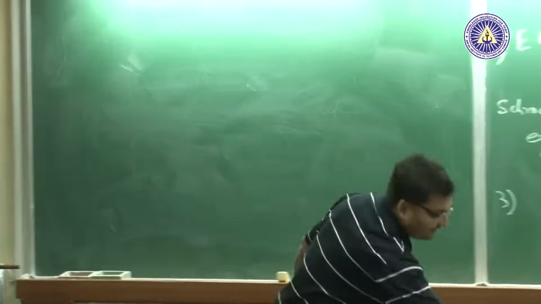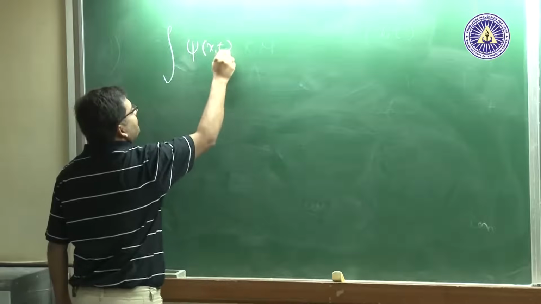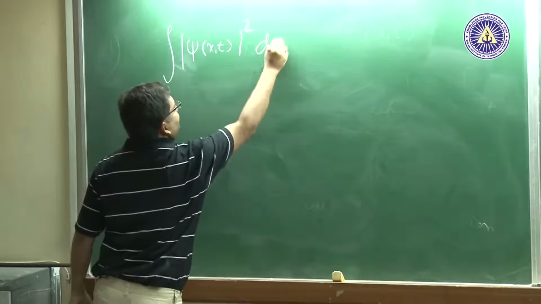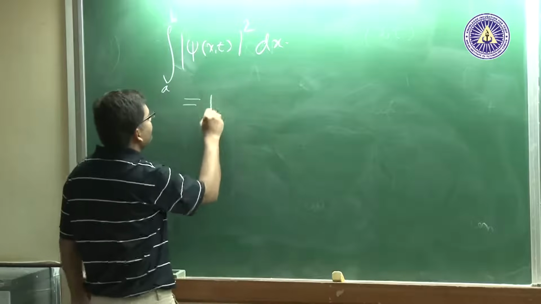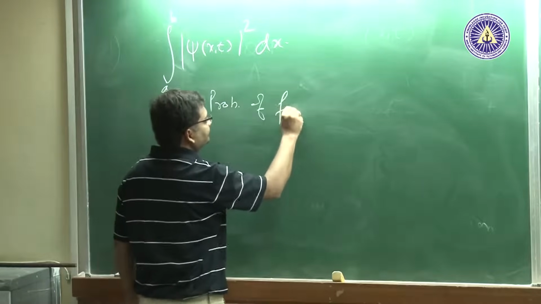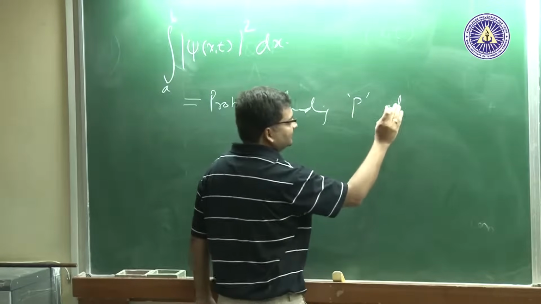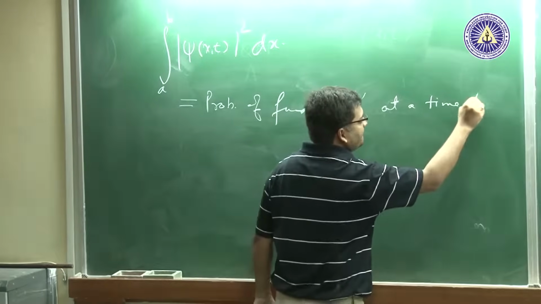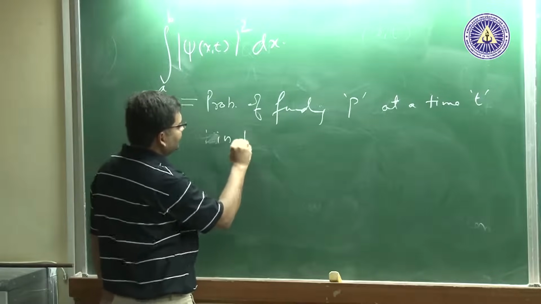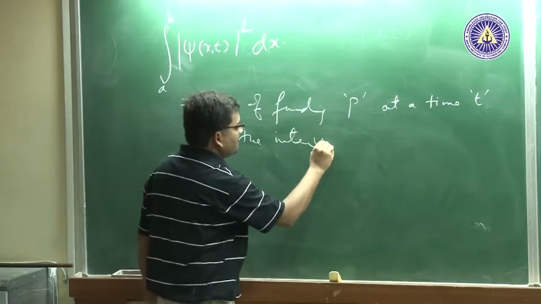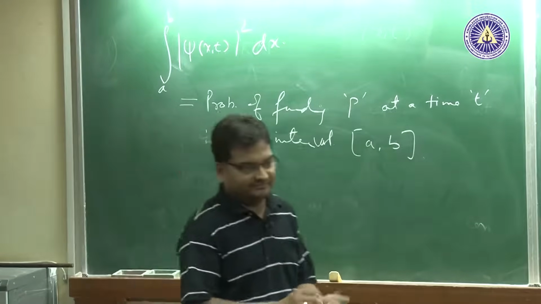By saying that if I integrate this probability, let us say one dimensional from A to B, then this is equal to the probability of finding particle P at a time t in the interval AB, okay, both inclusive.